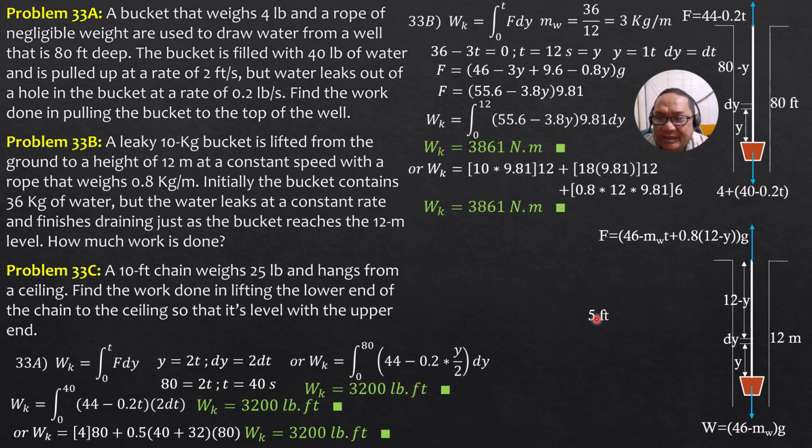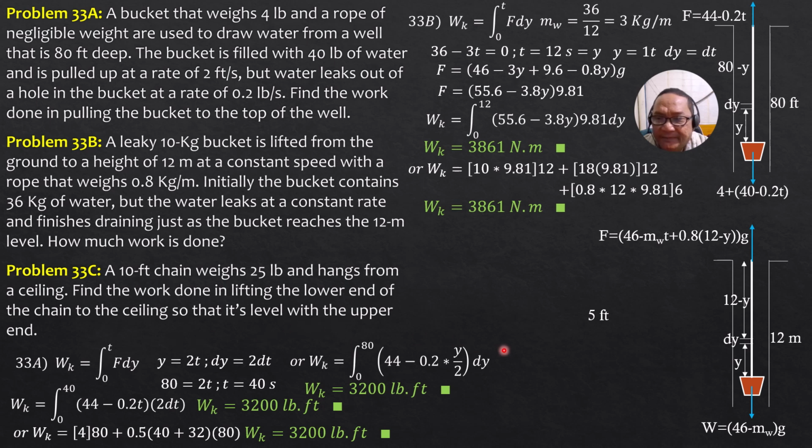So calculating that is also equal to 3861 Newton meter. Finally, we have 33C: a 10-foot chain weighs 25 pounds and hangs from a ceiling. Find the work done in lifting the lower end of the chain to the ceiling so that it's level with the upper end.